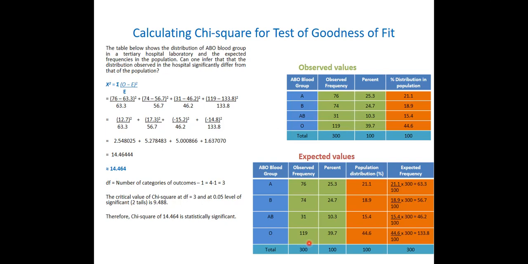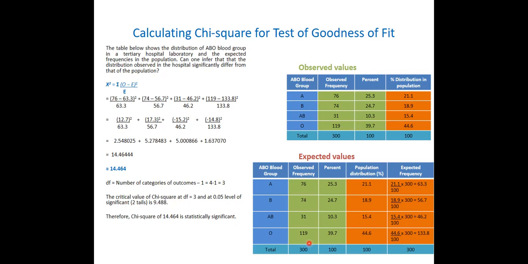You have to ask what is the degree of freedom, 3. You go to the table of degree of freedom 3, and find the critical value for chi-square at your significance level of 0.05. You will see something like 9.488. You compare if your own is higher than that. Once your calculated value is greater than that, it shows that it's significant, because the corresponding p-value will be less than 0.05. But now you don't need that.